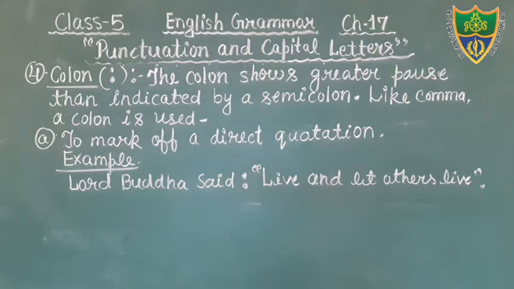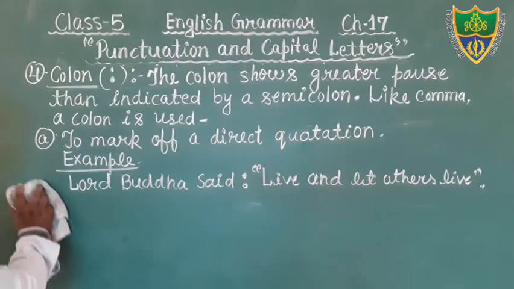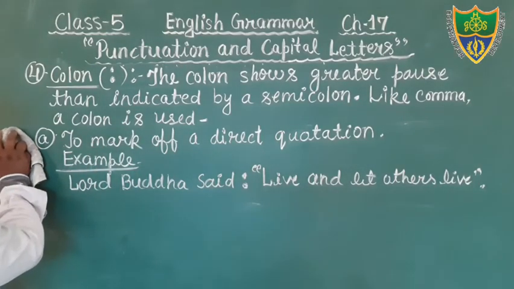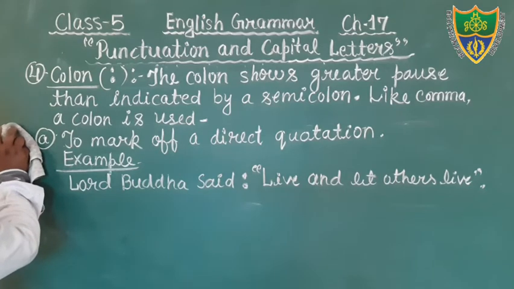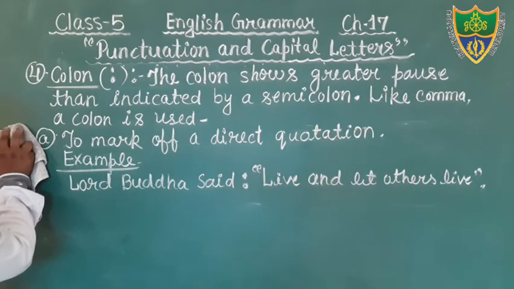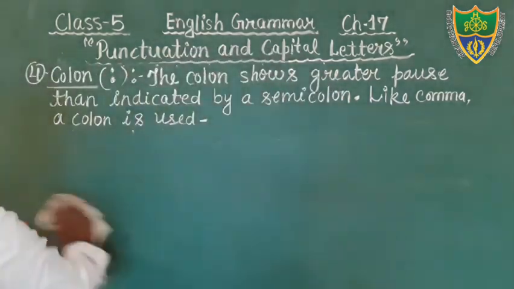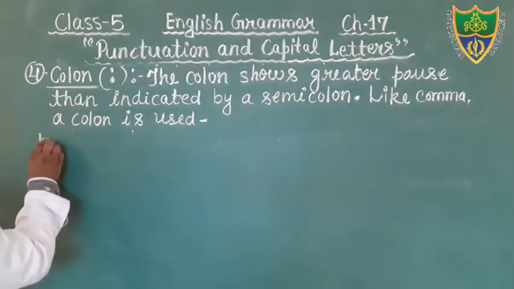And one more example you can see. One more use. Yes, students, I am going to erase it. I am going to write the point B. Just see, what would be the point B?